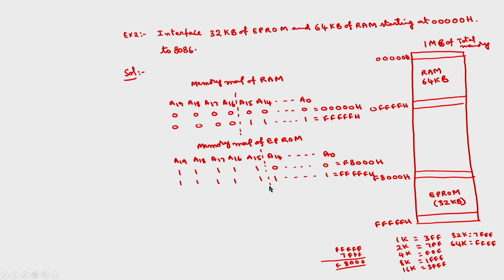Now in order to find out the chip selects of these, we use 4 memories in total, 2 even and 2 odd memories, similar to the previous example. Out of the 64 kilobytes of the RAM, 32 kilobytes of the RAM we have to use as the odd bank, and 32 kilobytes of the RAM as the even bank.